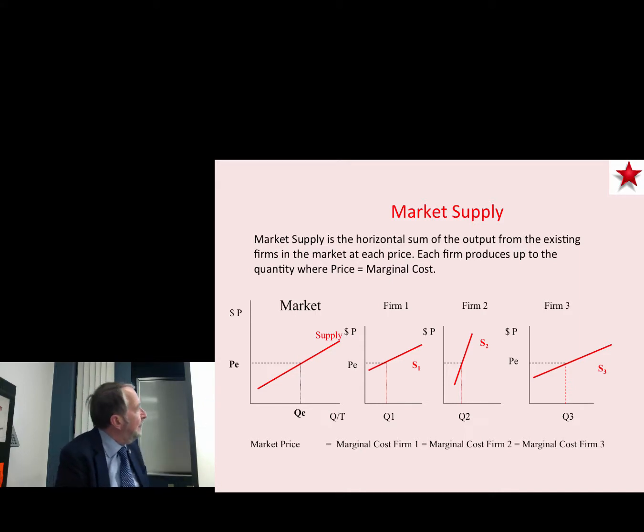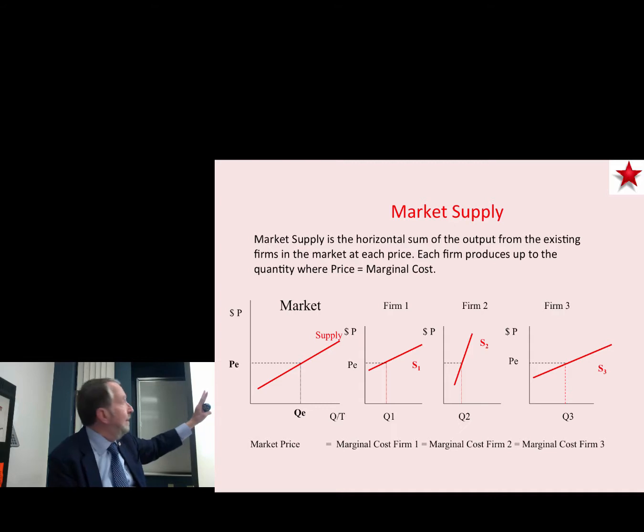You'll notice I've drawn them differently, indicating that firms may have different technologies, maybe better, more productive resources, and so forth. So the cost curves will not look the same across all the various firms in the industry. But if you add up those quantities at each price, then you get the total quantity supplied in the marketplace.